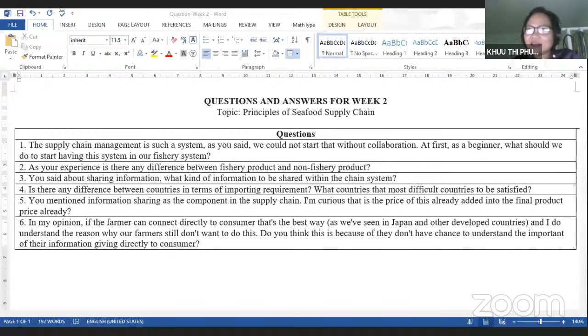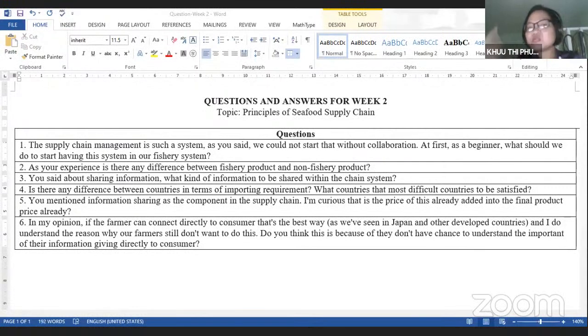At the beginning, please look at our local side first, because from the global side they have full regulation, but from our side we don't, because it's very difficult to manage very small scale fishermen or very small scale farmers.